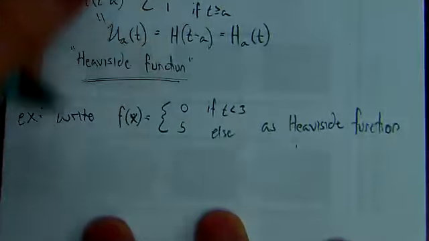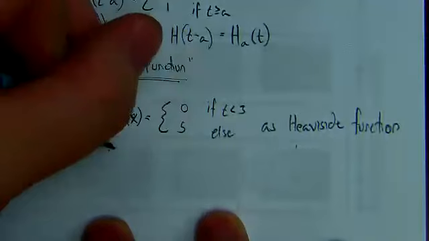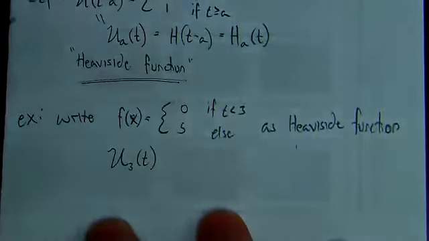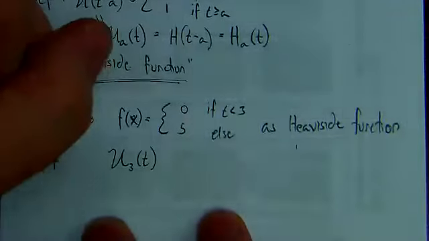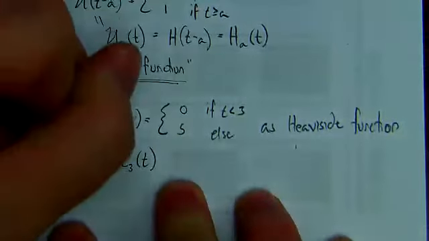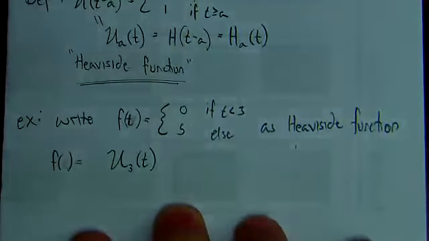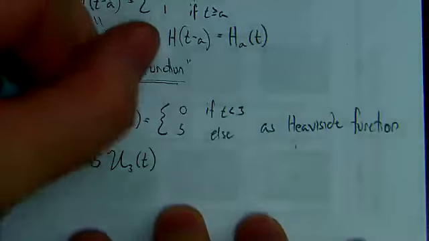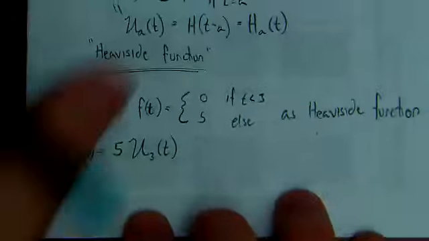If it was just 1 here instead of 5, then that is literally just cap script u sub 3 of t. Unfortunately, this takes on a value of 5, so I need something which is 5 times larger than that. Well, I can just multiply the Heaviside function by 5.